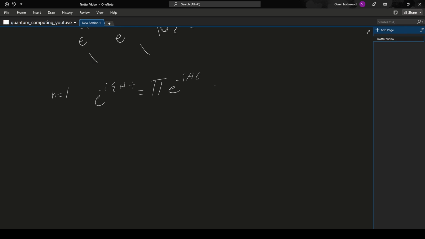I'm going to drop the i's and the n's here. Now the error associated with this approximation scales quadratically with both the number of terms in the Hamiltonian, so this was n, and the time. So for very small time steps, this is very good, right? Because if this is 0.5, then our error scale is 0.25.